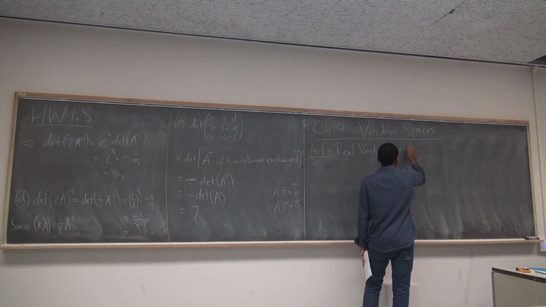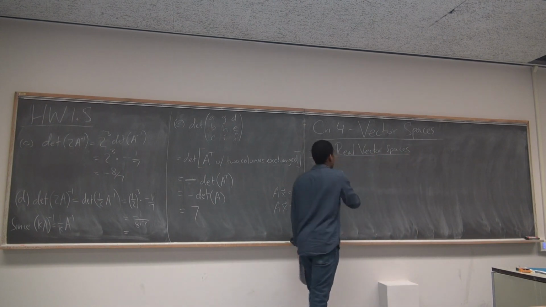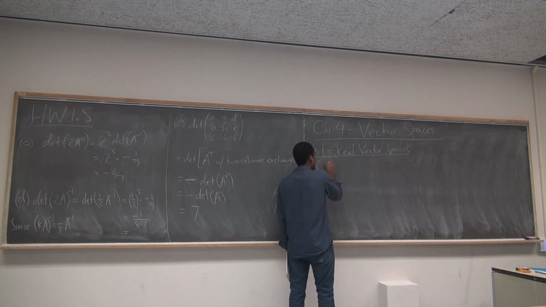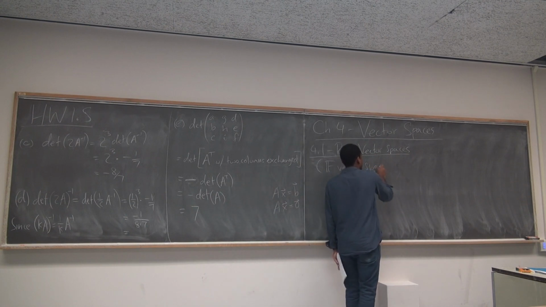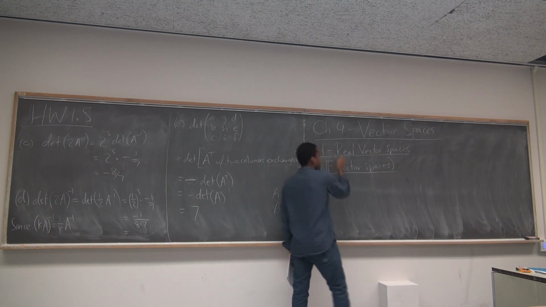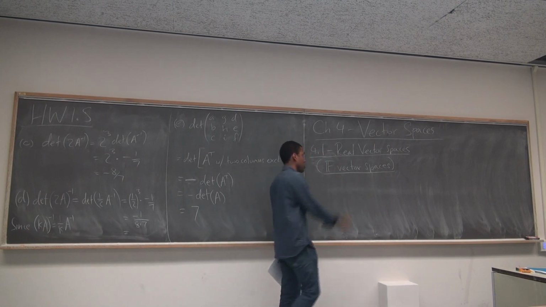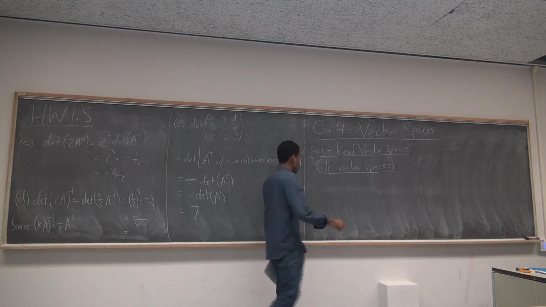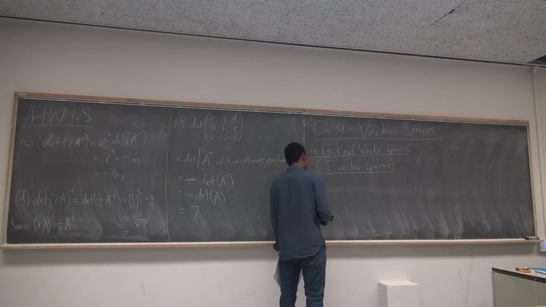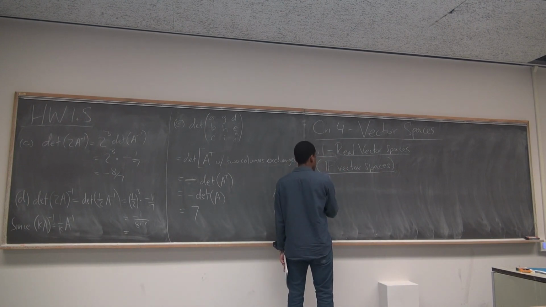We're going to be thinking more generally, right? We're going to be doing F vector spaces. The name in the front just comes from who your scalar field is. So real vector spaces just means vector spaces where the scalars are all real numbers. But we're going to be thinking a little bit more generally. So let's actually just jump into that definition.